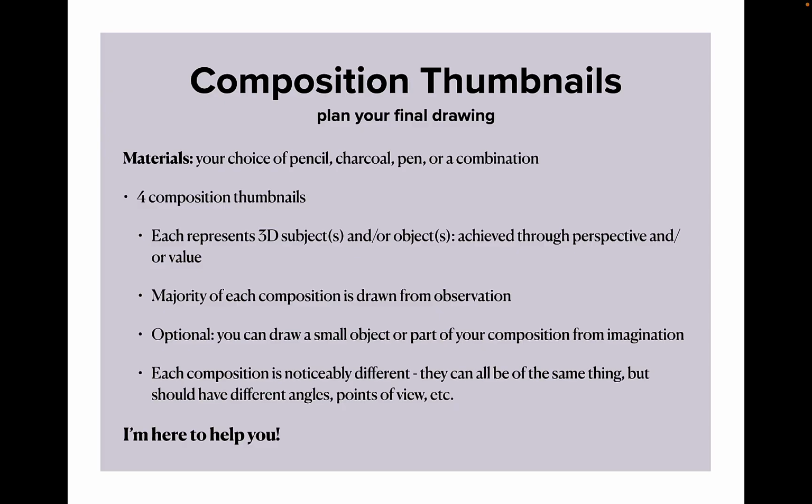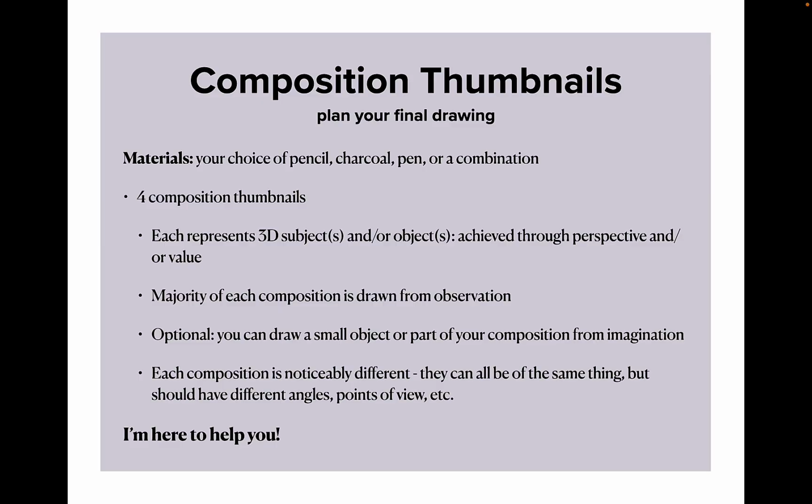Okay, then you're going to create your composition thumbnails for your final drawing. You're going to make at least 4 of them, and they each should have a 3D subject or object. So we're really working on representing 3-dimensionality on the 2-dimensional surface of your paper, right? That we've been talking about. You can achieve that 3-dimensionality either through perspective and/or through value, through shading, or you can do both.